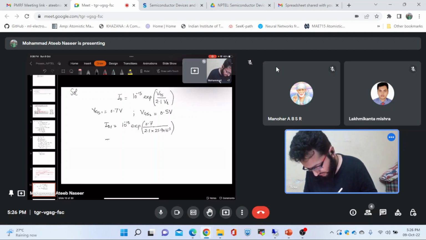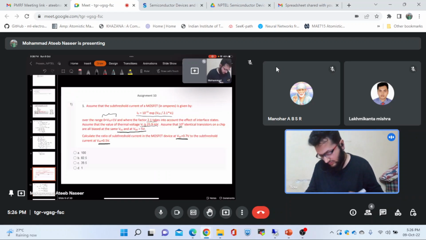And ID2 is simply equal to 10 to the power of minus 15 exponential of 0.5 divided by 2.1 into 25.9 into 10 to the power of minus 3.